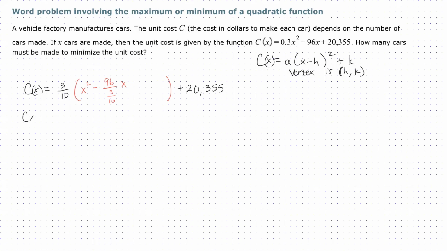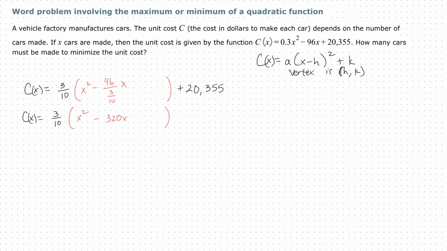Let's simplify a little bit. C of x is equal to 3/10 times x squared. What do we have there? That looks like 960 divided by 3, which is a nice number. That's actually 320, minus 320 times x.